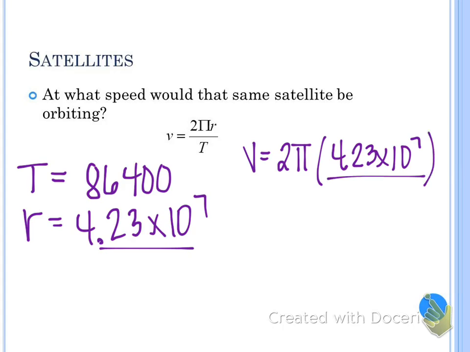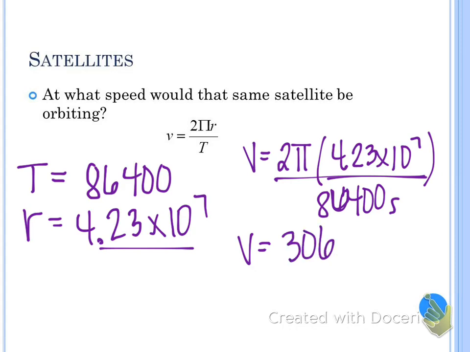over 86,400 seconds. And I get about 3,068.9 meters per second.